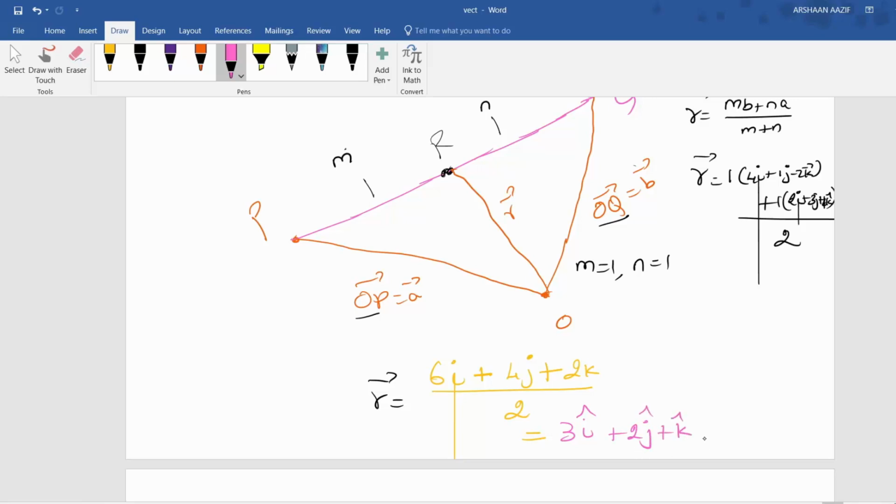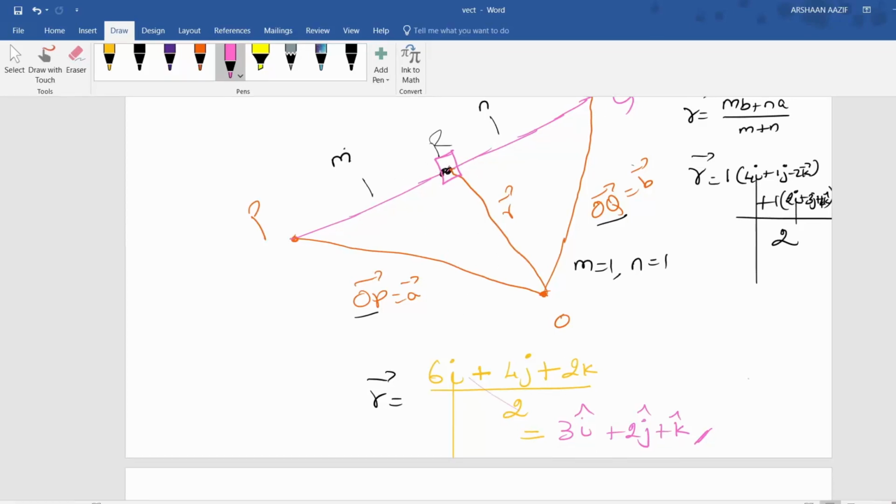So this is the answer. This is my position vector of a point which divides the line drawn between PQ in the ratio 1:1. So this is my midpoint.